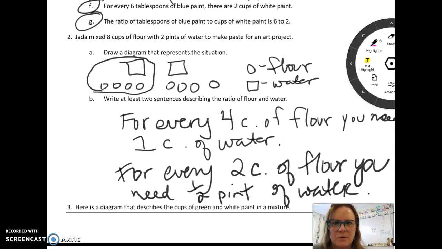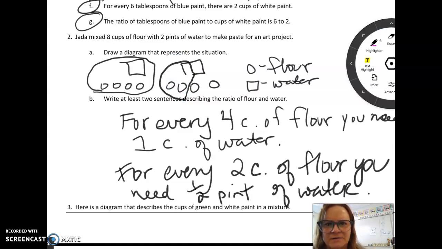For every 4 cups of flour, you need 1 pint of water. And then I also said for every 2 cups of flour, so now I'm going to split it up even more, you need 1/2 of a pint of water. See how I did that? So you could do that as well.